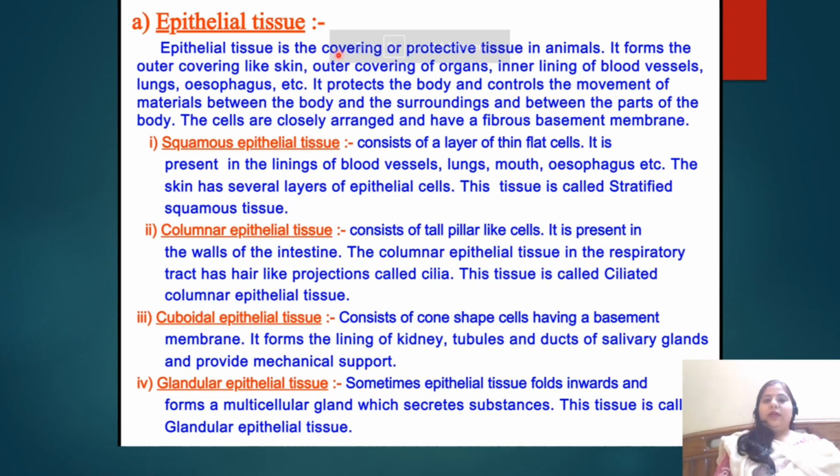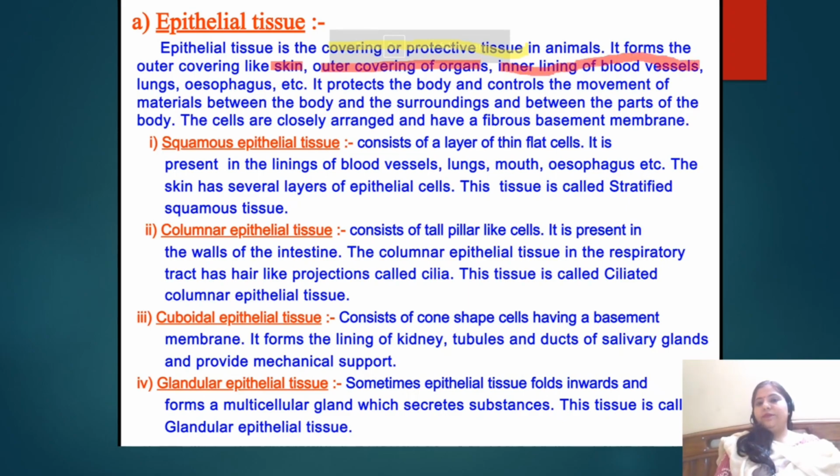You can see here they provide the function of covering and protective tissue. Right? I hope all of you are able to see. Generally epithelial tissue is present in the skin. It forms the outer covering of the organs. It is present in the inner lining of the blood vessels. You can see here, right?